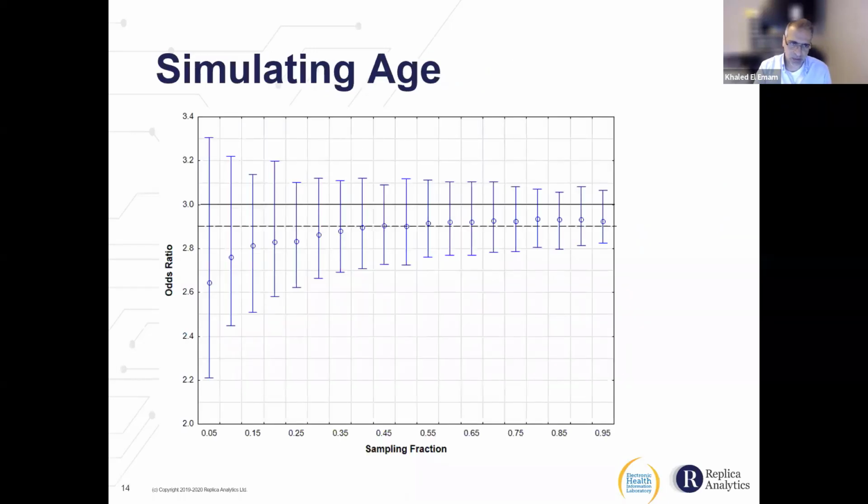So now let's look at some simulators. There's a lot happening on this graph, so let me explain what we're looking at here.